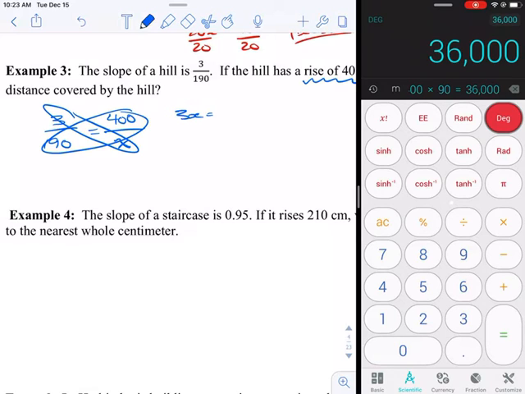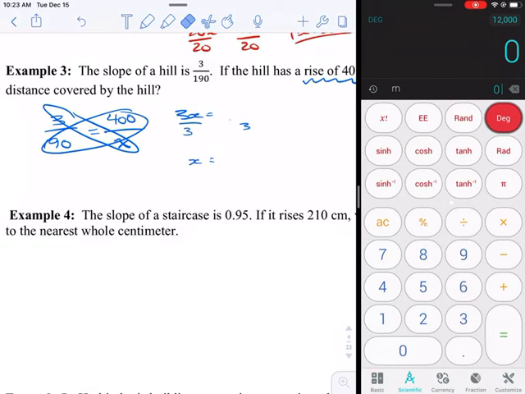Okay, and you're going to get 3x is equal to 36,000. And then if you divide by 3, x is going to be 12,000. Oh, you know what? I used 90 instead of 190.